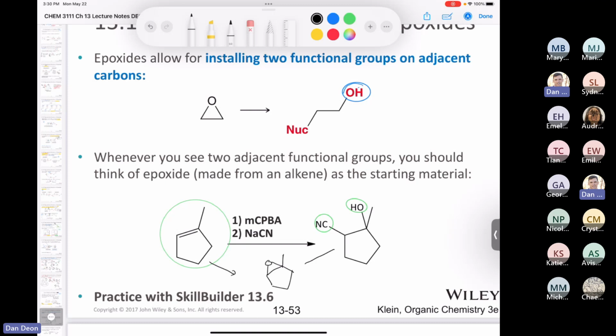And then in the second step, the cyanide, which is our nucleophile, is going to come in and attack from the least hindered face of the molecule, or the least hindered carbon, I should say. And we end up with the nitrile and the alcohol in the same compound. So again, the idea is that if you see two adjacent functional groups, you should think of an epoxide, and of course you would make that from an alkene.